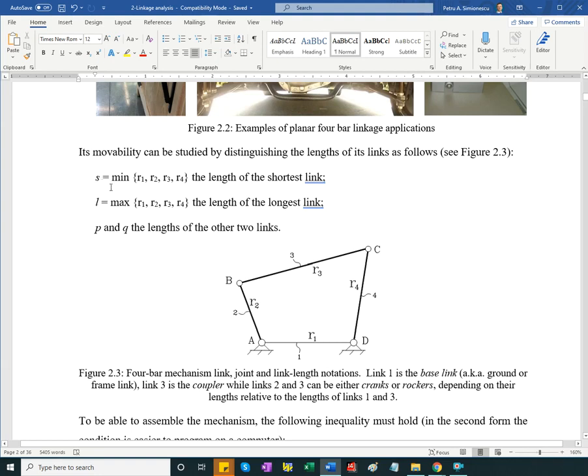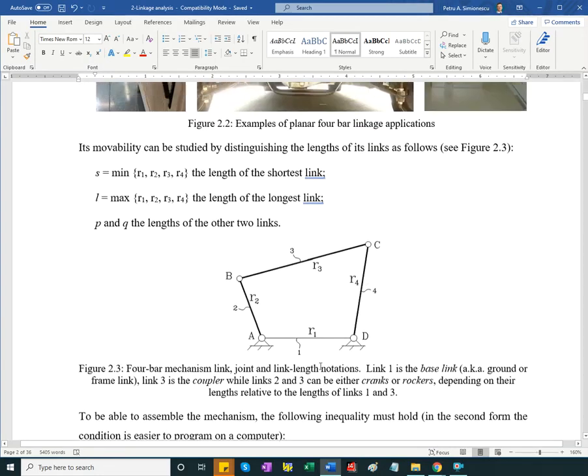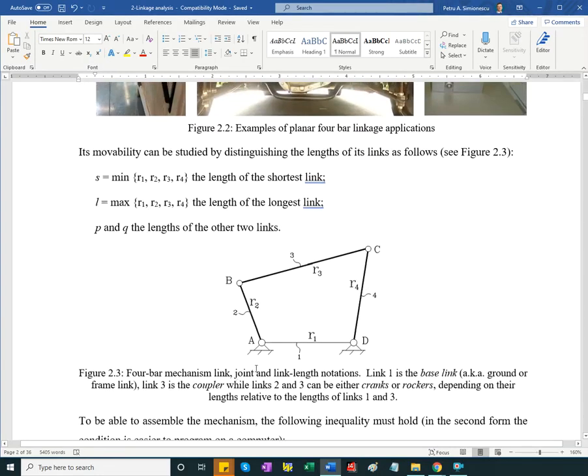And in the analysis of the existence of a crank, the type of input motion that is possible, we're going to distinguish between the shortest of the 4 links and the longest of the 4 links, with P and Q being the length of the other 2.